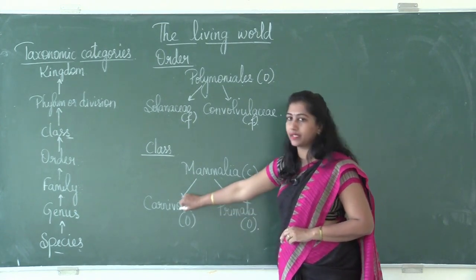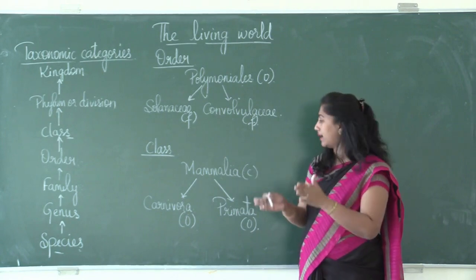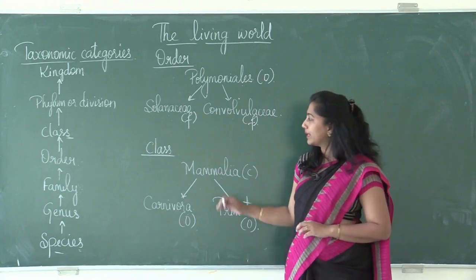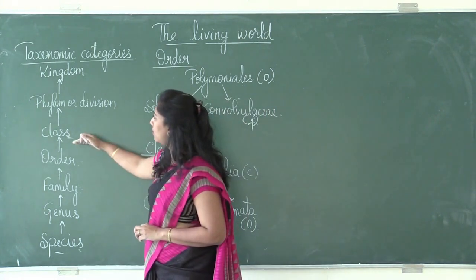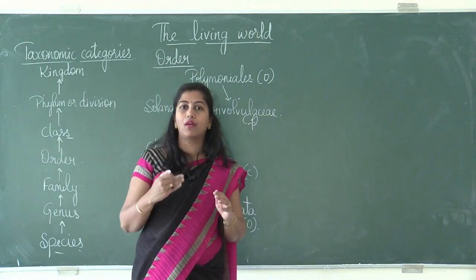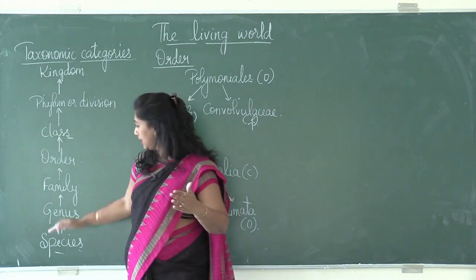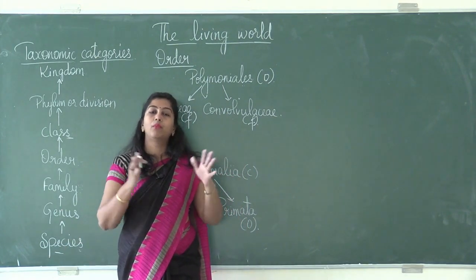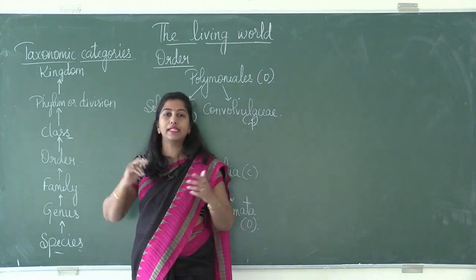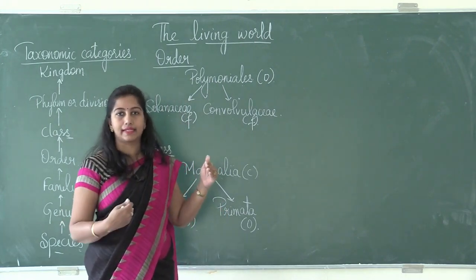Since order Carnivora and order Primata have similarities, they are put under one class which is called Mammalia. As we go higher in the taxonomic hierarchy, the number of similar characters goes on decreasing. In species we see more similar characters. As we go higher and higher, the number of similar characters decreases.